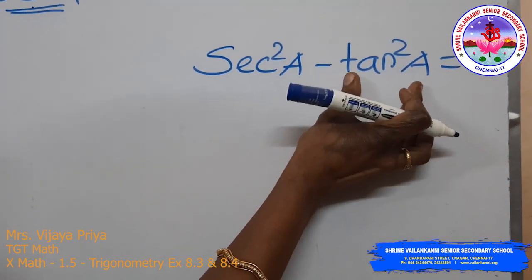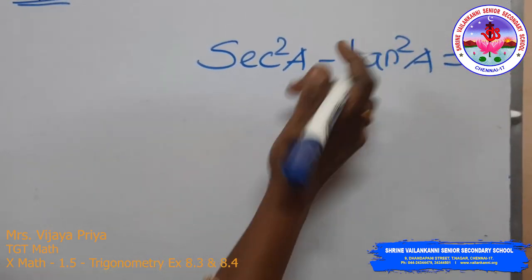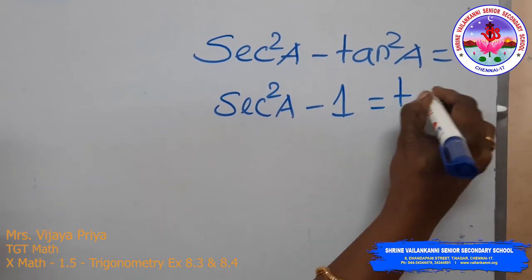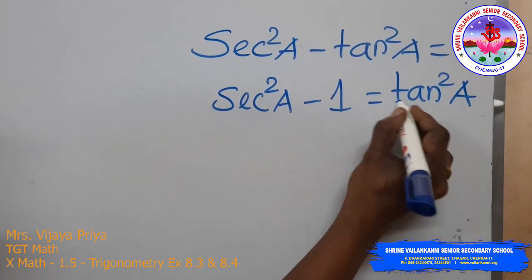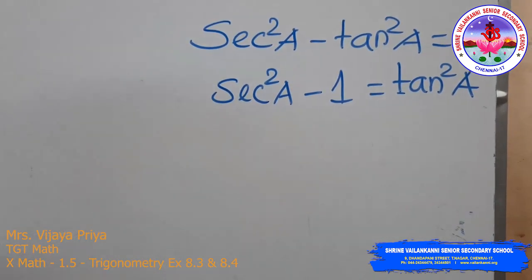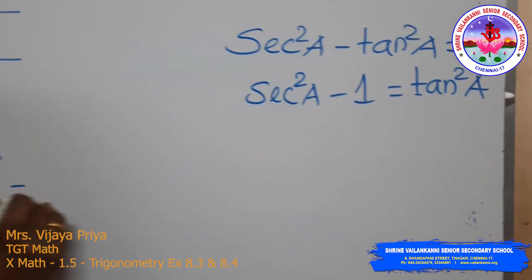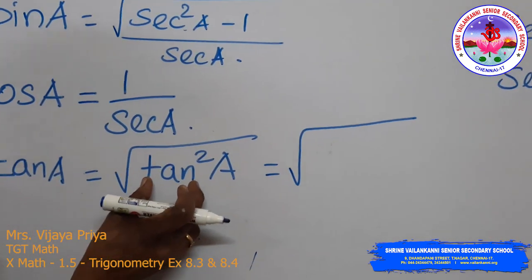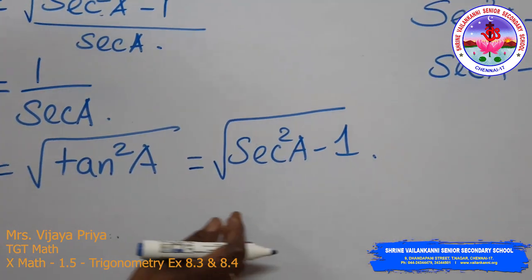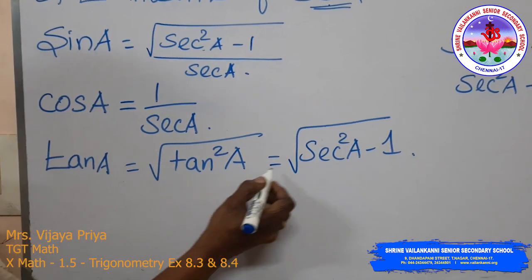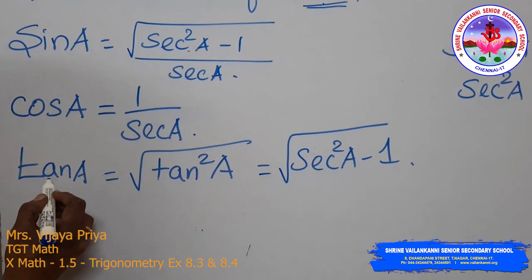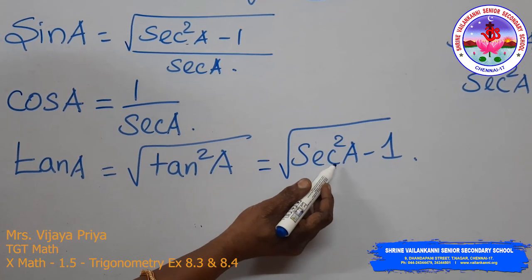If I want tan squared A, plus 1 comes to this side, so I get secant squared A minus 1 is equal to tan squared A. So I am going to replace tan squared A with secant squared A minus 1 in the problem. Hence tan A can be represented as square root of secant squared A minus 1. Hence tan A is represented in terms of secant A.